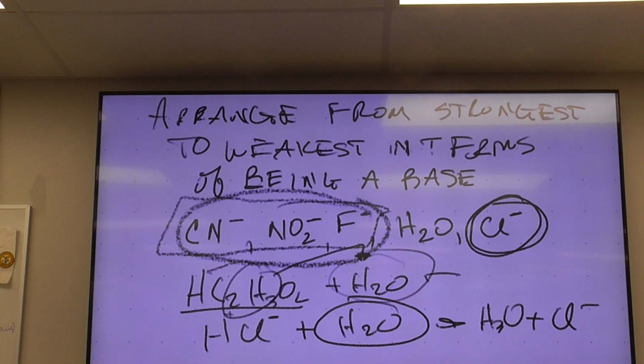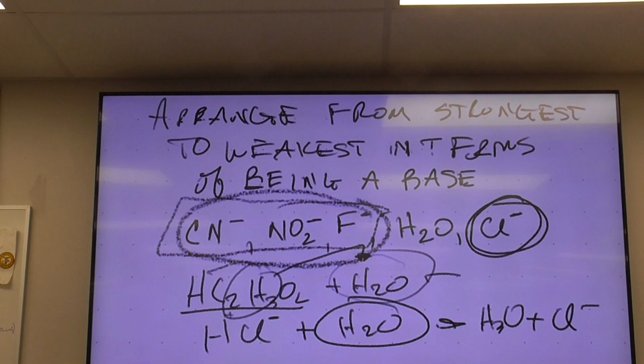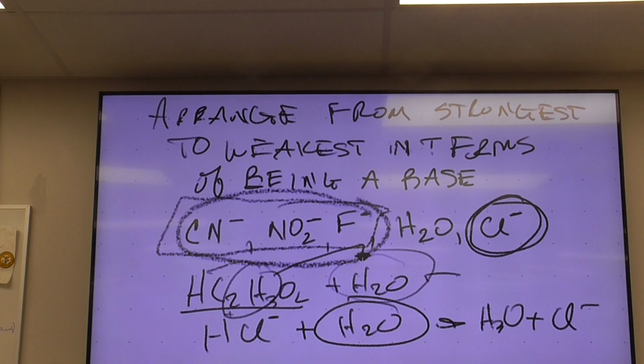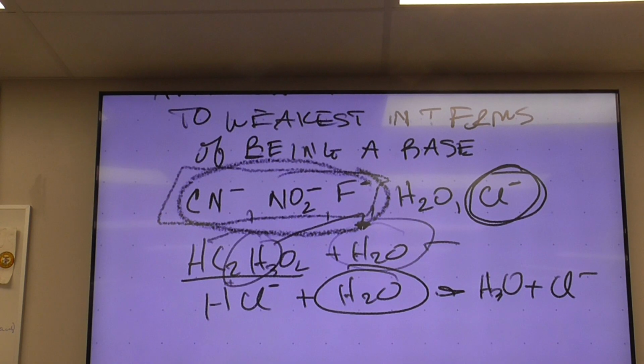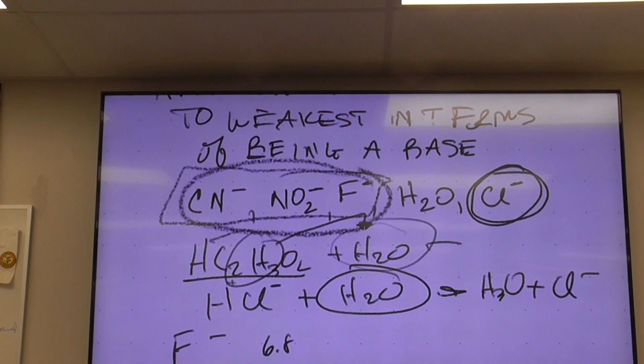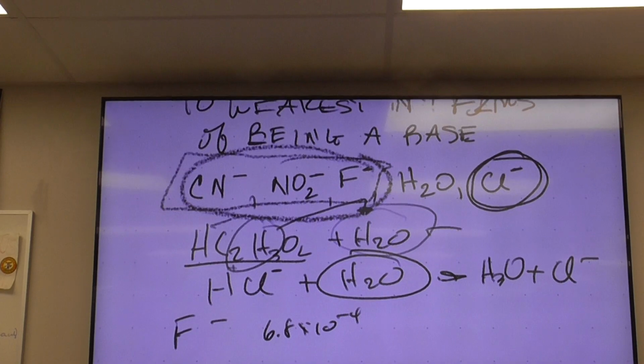Small Ka value. So the one with the smallest Ka value is going to be the best conjugate base. Let me give you the numbers. For fluoride, the Ka value is 6.8 times 10 to the negative fourth.